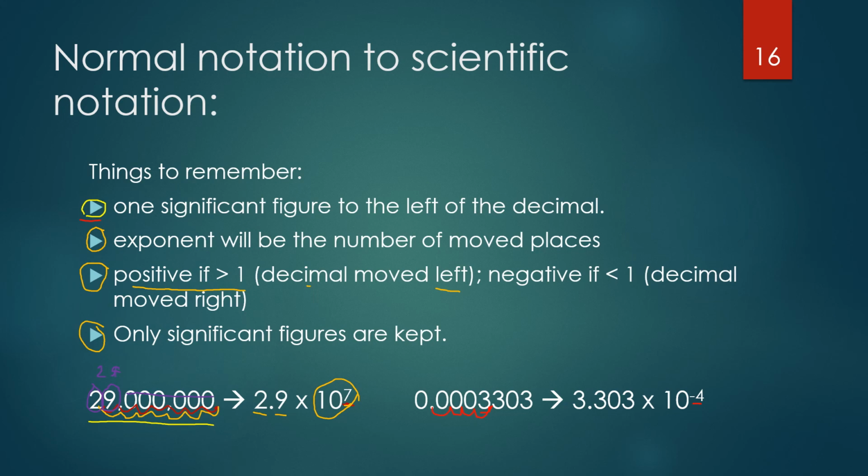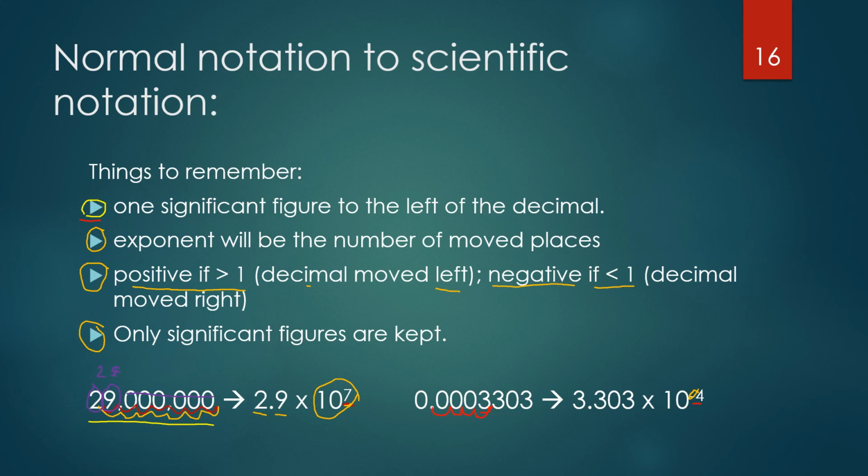Now the reason why that exponent's negative 4 and not positive 4 is due to the rule up here. We said that exponents are going to be negative if the original number, normal notation, was less than 1. And 0.0003 was the original number, and that's definitely less than 1, so we needed a negative exponent here.